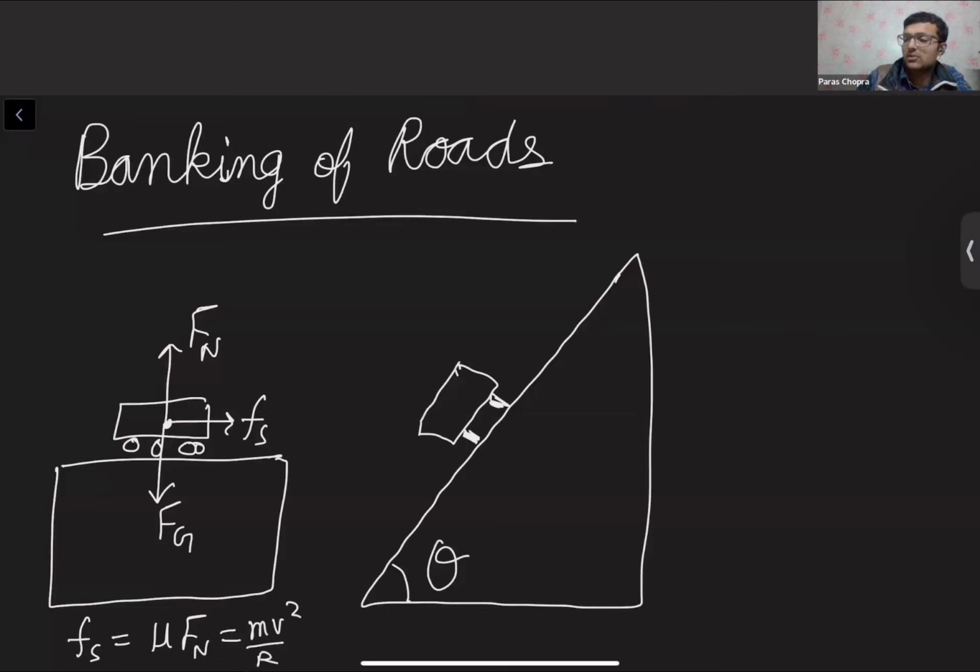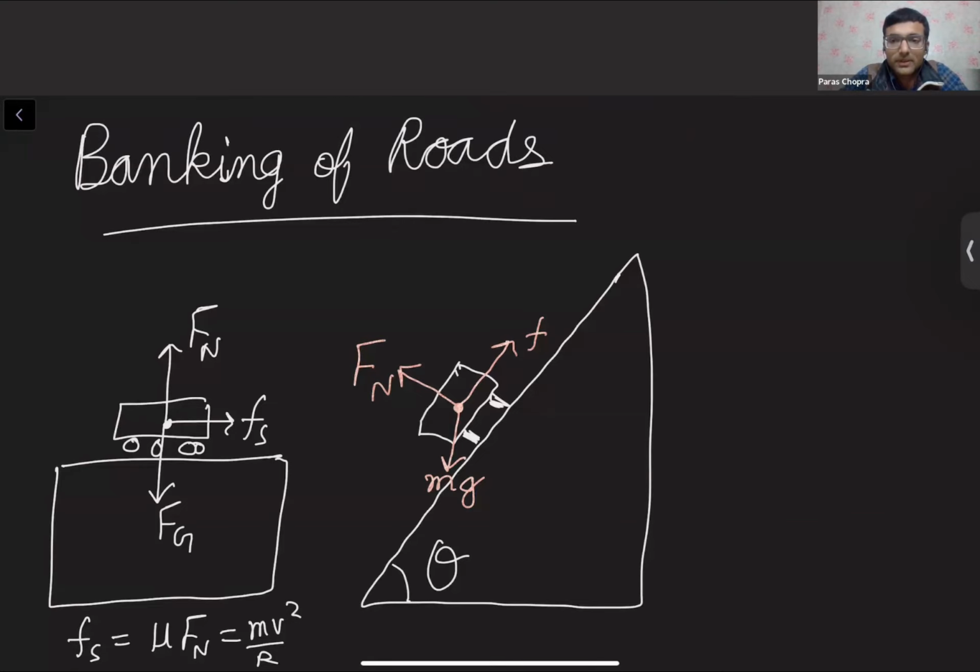But जब banking हो जाएगा, now let us draw the free body diagram. So now we have a force of normal acting upwards. We have the gravitational force acting downwards. And we have the frictional force acting in the opposite direction. There is only these three forces: the frictional force, normal force, and the gravitational force.